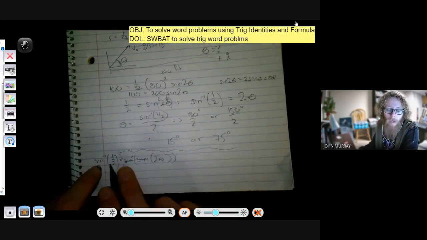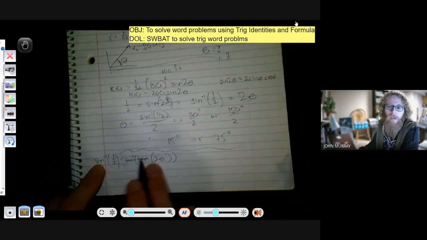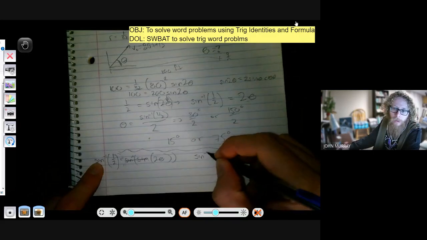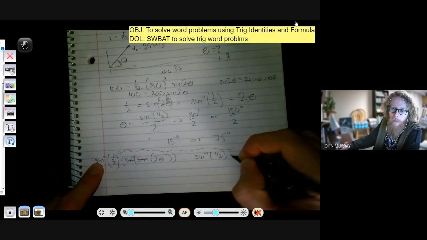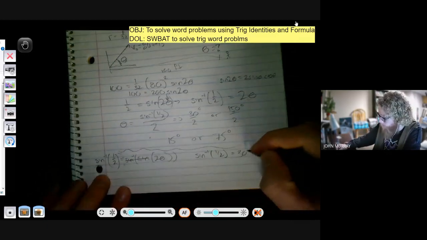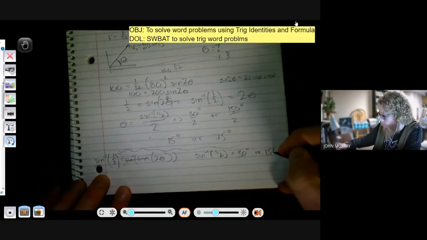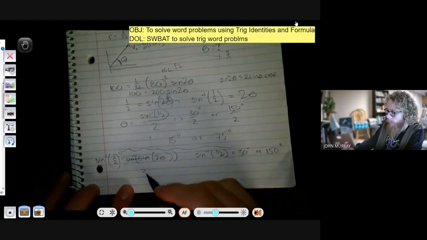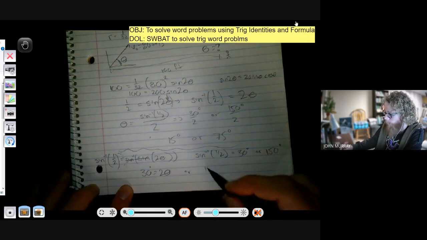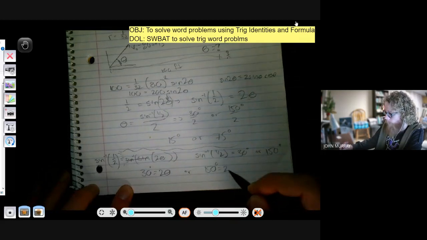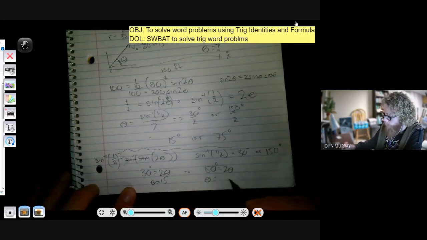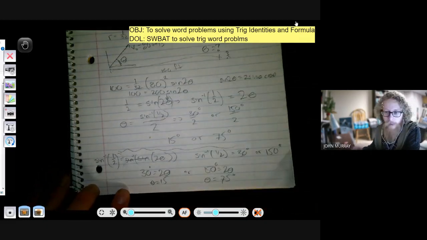The other thing I could have done is calculate at this step. The inverse sine of 1/2, we said, is 30 degrees or 150 degrees. So then I'd have 30 equals 2 theta, or 150 equals 2 theta, and I'd get theta equals 15 or theta equals 75.